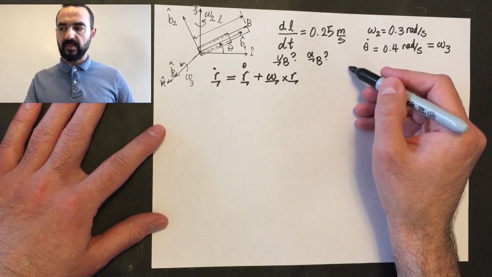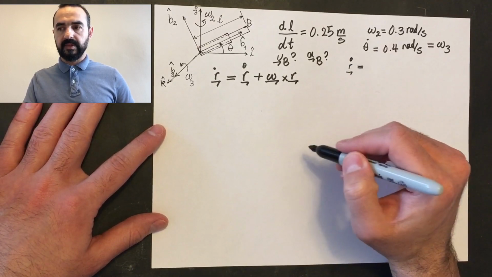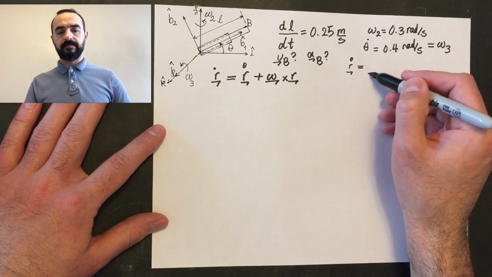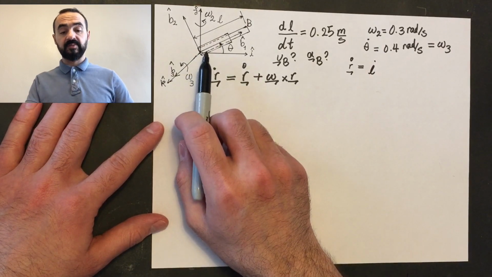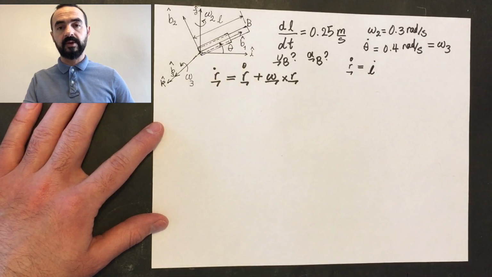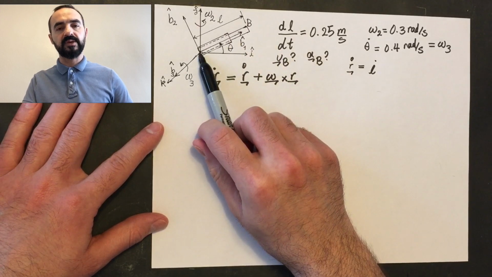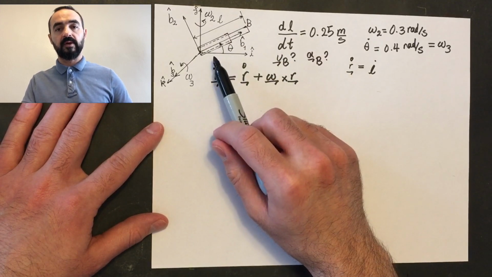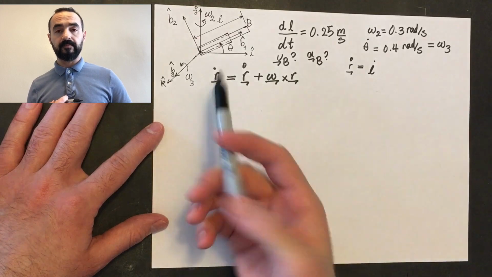So R circle is equal to L dot, because when I'm attached to the body attached frame, the only thing I see is how the distance of B changes with respect to myself.